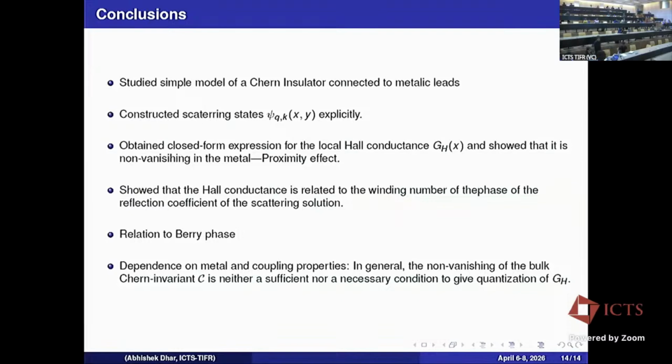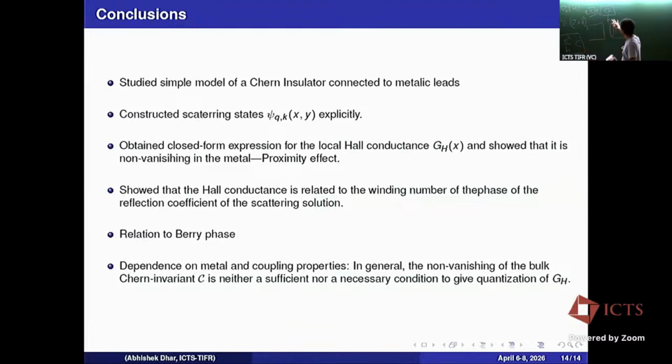What were the parameters in the system, and on what parameter does the decay length depend? That's a good question. In the leads, there's eta x and eta y, which are the couplings in the x direction and y direction. Then there's eta c, the coupling to the Chern insulator. In the Chern insulator, there is another parameter, which is the on-site potential. So these are the main 4 parameters.